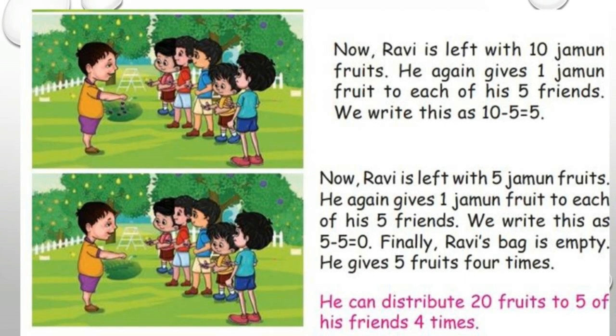Now Ravi is left with 5 jamun fruits. He again gives 1 jamun fruit to each of his 5 friends. We write this as 5 minus 5, so 0. Finally, Ravi's bag is empty. He gives 5 fruits 4 times. So he can distribute 20 fruits to 5 of his friends 4 times.